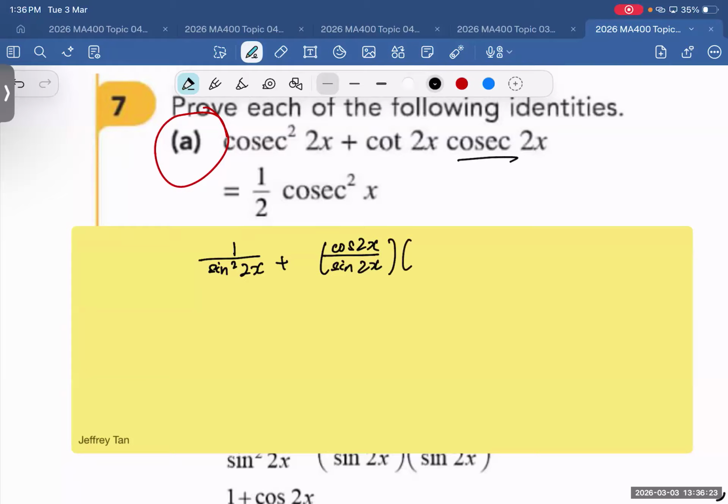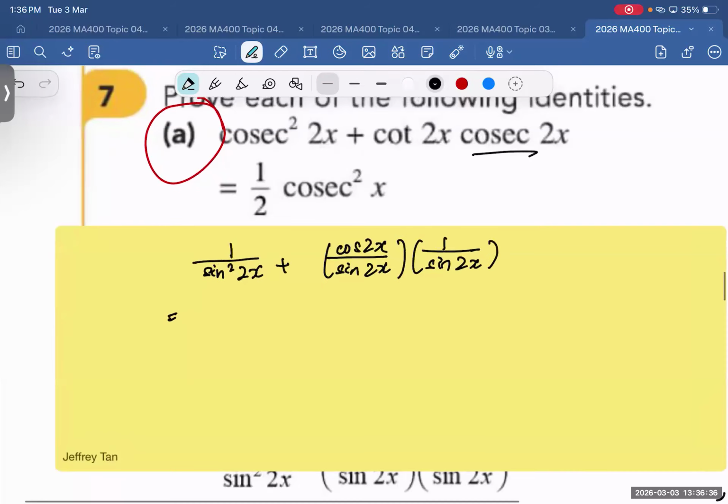I'm going to change this to 1 over sine. Look at this. Change everybody to cosine and sine. If you go sine, cosine, tangent, they are our first love. Once you change to sine, cosine, tangent, you are very familiar with them. Don't you realize the denominator is the same? I put them together.